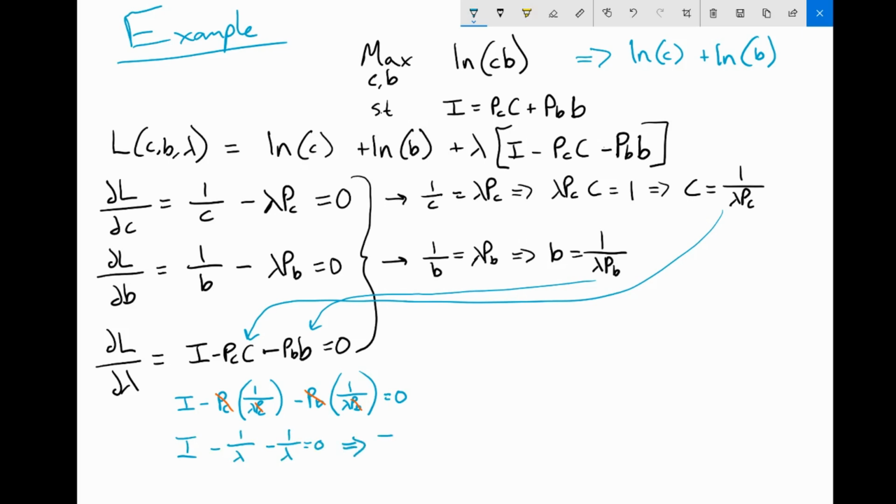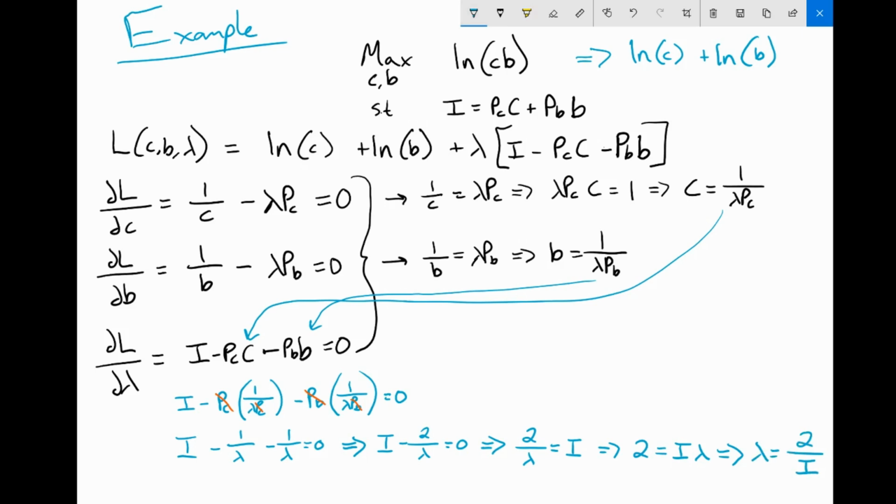Simplify: I minus 2 over lambda equals 0. Let's solve this for lambda. Take I to the other side and cancel out the negatives, so 2 over lambda equals I. Multiply both sides by lambda: 2 equals I lambda. Divide both sides by I, and we get lambda equals 2 over I.